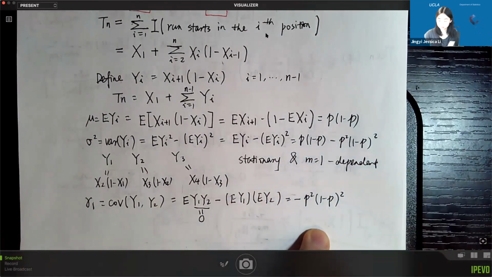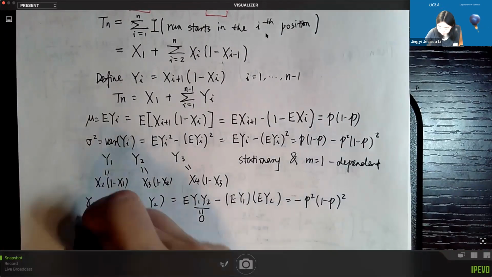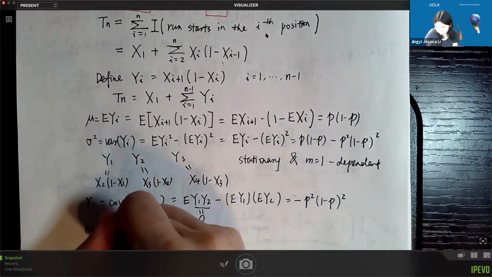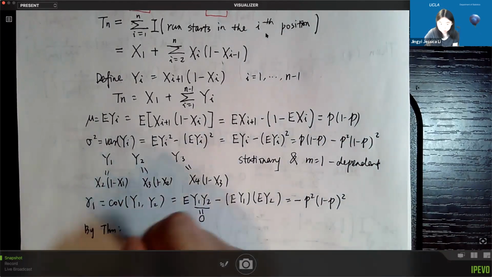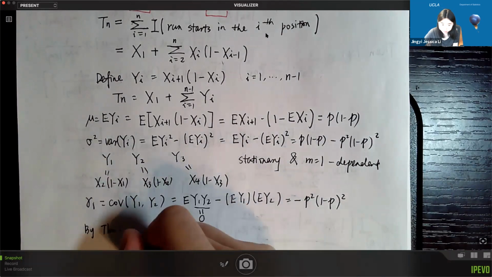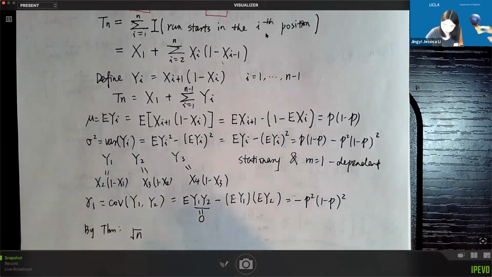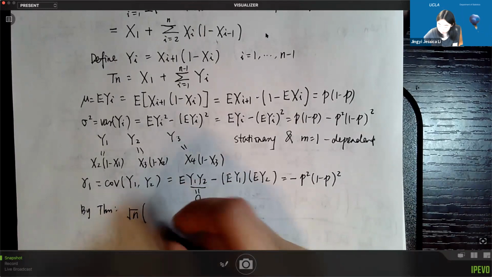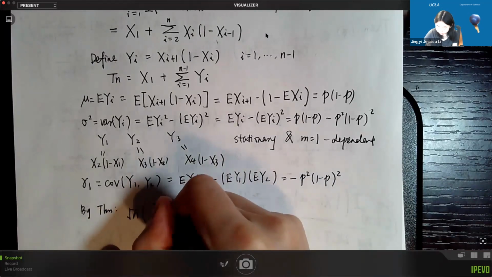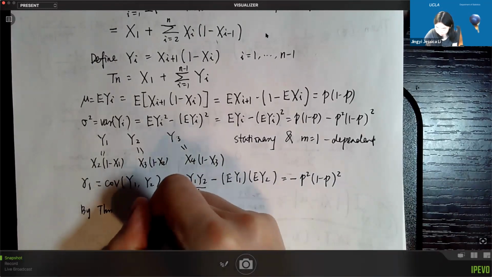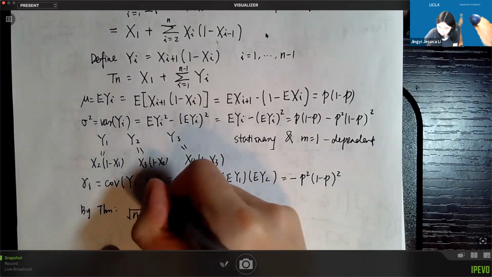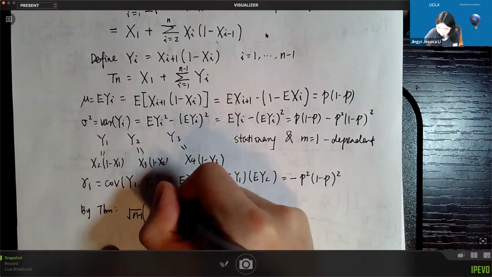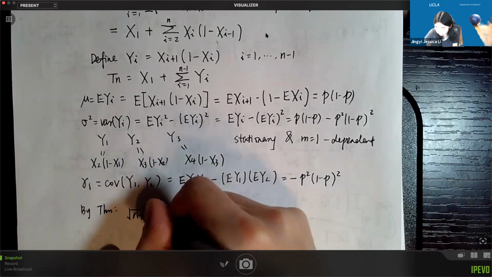That's it. Then finally, by the theorem, I'm going to apply that. I would have root n times the summation, root n minus 1 to be exact. It should be root n minus 1 times the sum of y_i from 1 to n minus 1 over n minus 1.